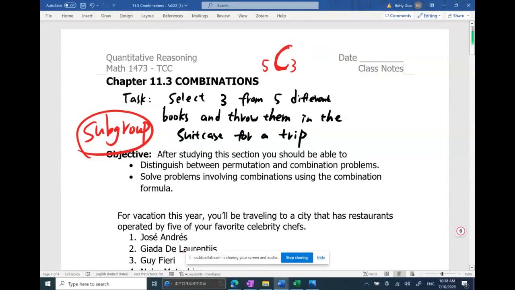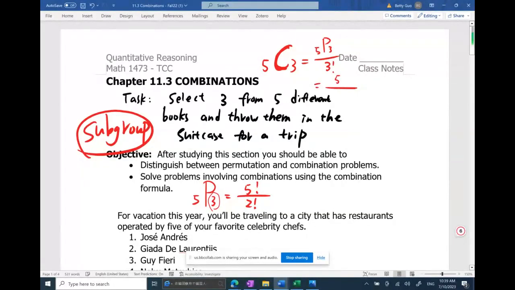How do we calculate? Remember, if the order makes a difference, we have 5 factorial over 2 factorial. But now the order of the 3 items does not make a difference, so we have to remove the order factor by dividing by 3 factorial.